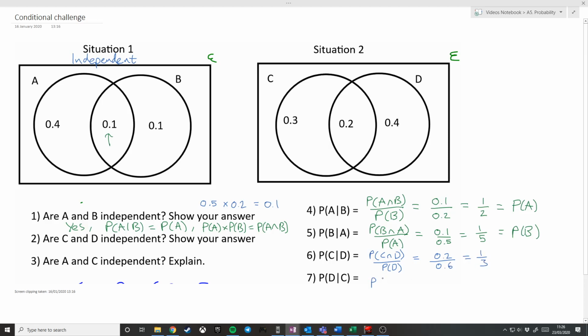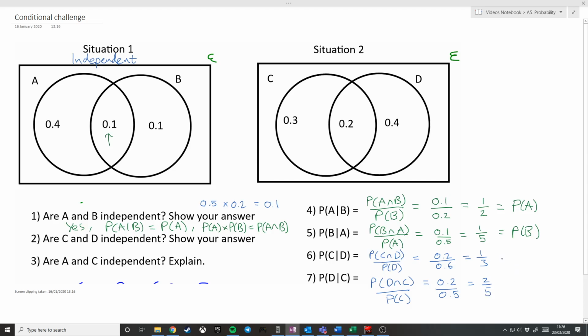Probability of D given C, the probability that D happens given that C happens, is the intersection, D intersect C, divided by the probability of C, which is 0.2 divided by 0.5, which is 2 out of 5.